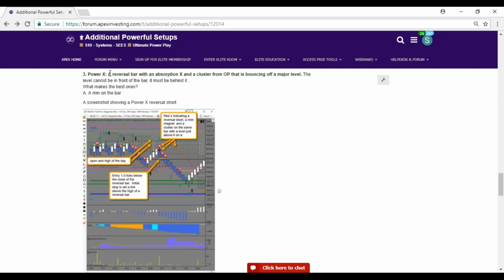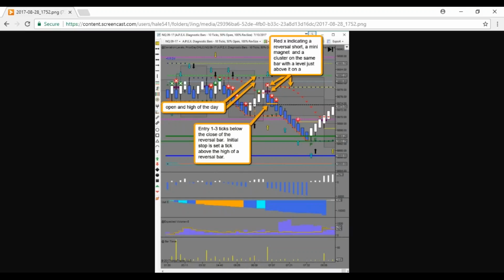It may not be part of an apex pattern, but it's a reversal bar that requires an X. Remember, the power P doesn't require an X. This is kind of a one or the other. You follow what I'm saying there? Or did I just confuse you? Let's take a look here. Did I confuse anybody? Okay.